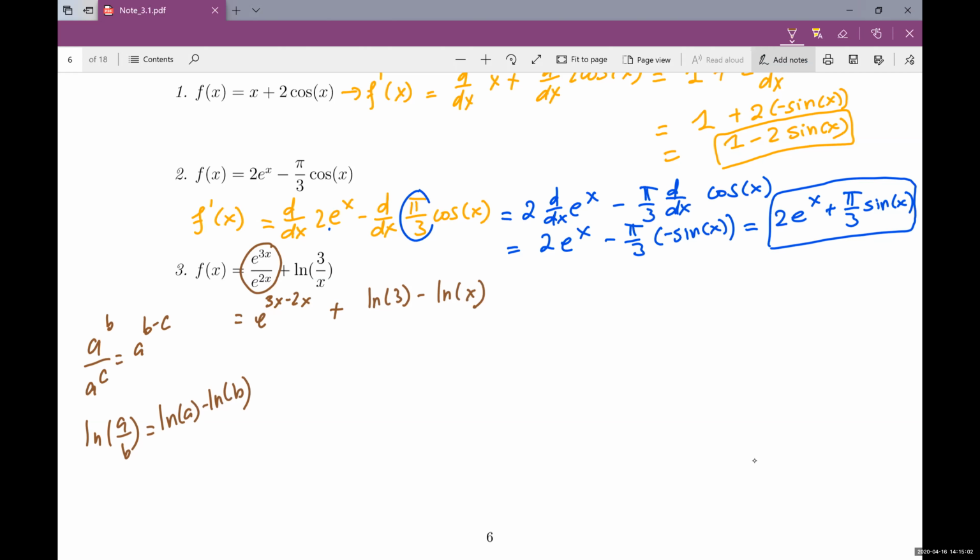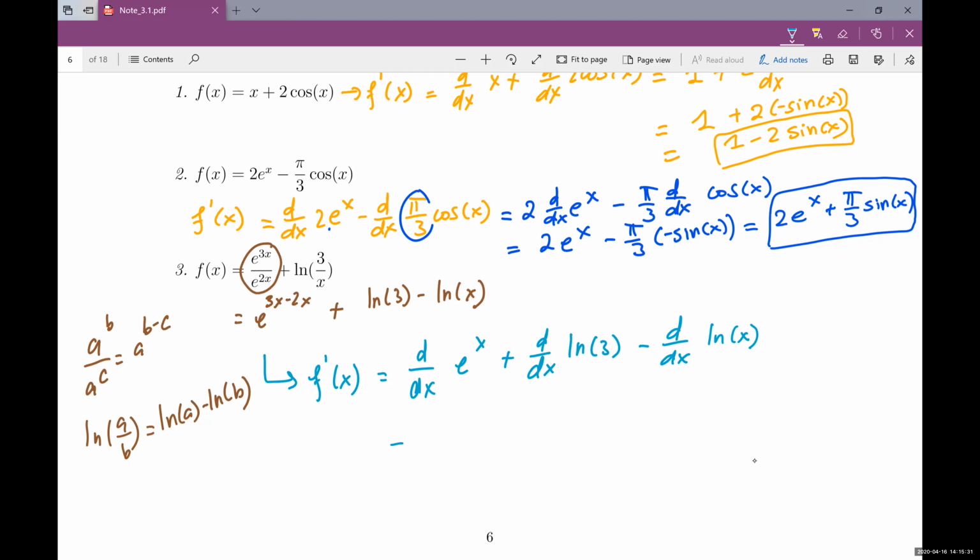All right, from here, we can find the derivative of f of x. f prime of x equals the derivative of e to the x, because 3x minus 2x is x, plus the derivative of natural log of 3 minus the derivative of natural log of x.